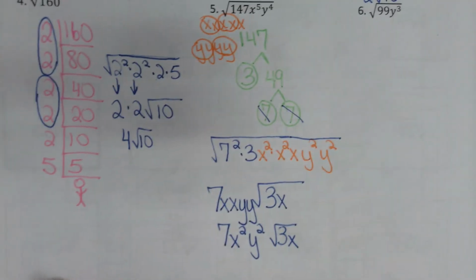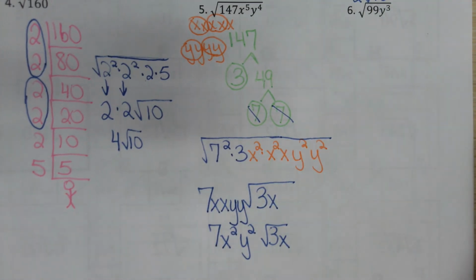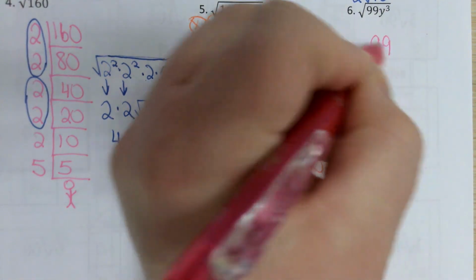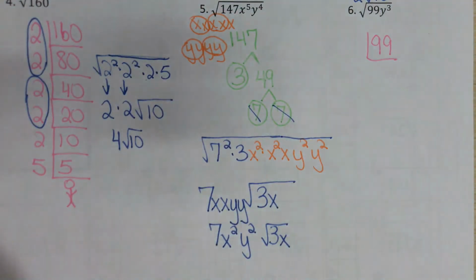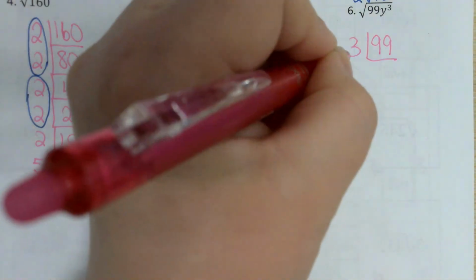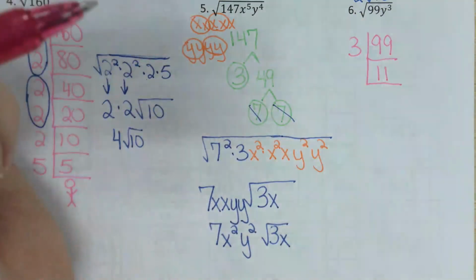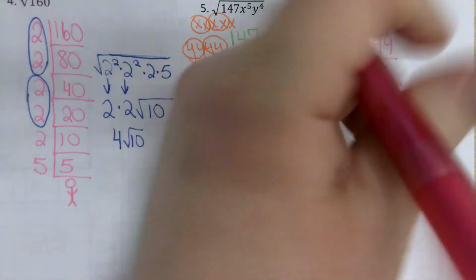The last one, I'll use a ladder. I have 99. Prime number that goes into 99 is 3. And it goes in 33 times.